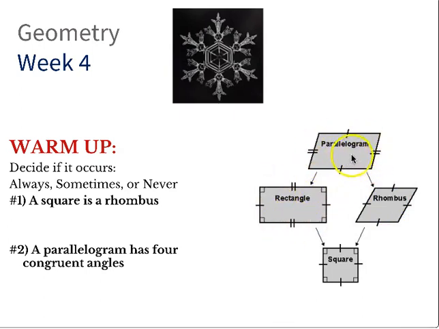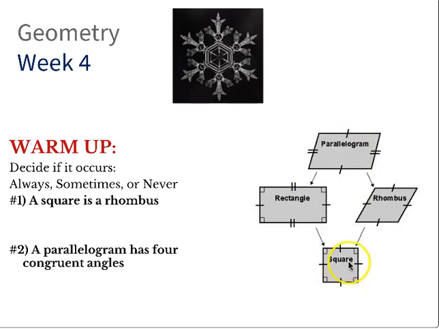It's got all the characteristics of parallelograms, plus some additional characteristics that make it a rectangle. Same with the rhombus. It is a type of parallelogram, and then it has some additional characteristics that make it a rhombus.